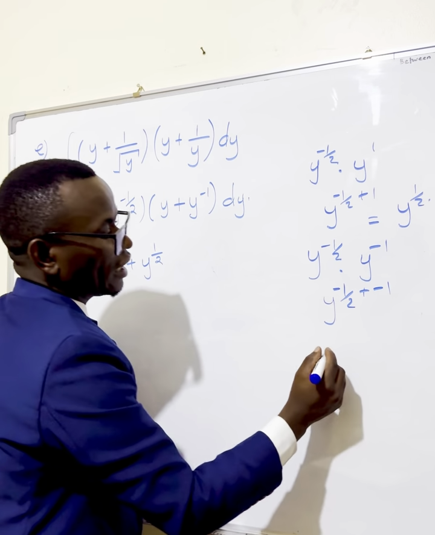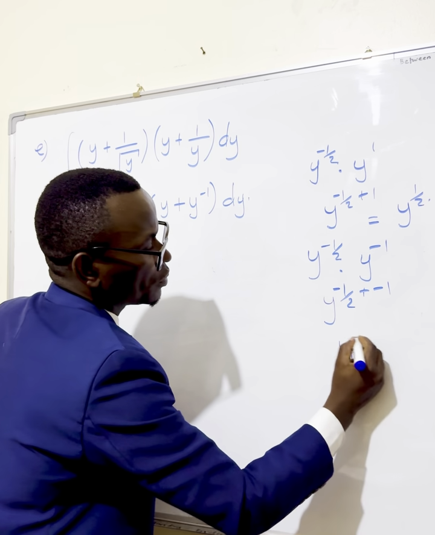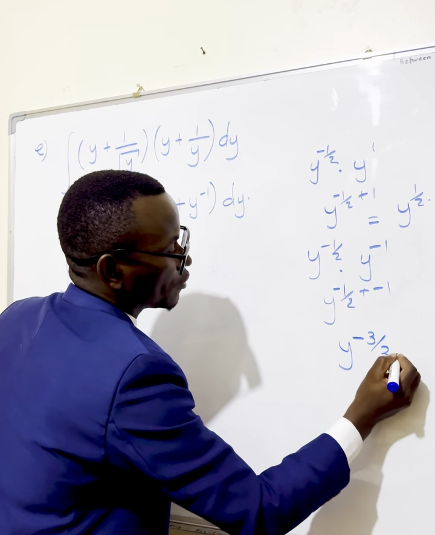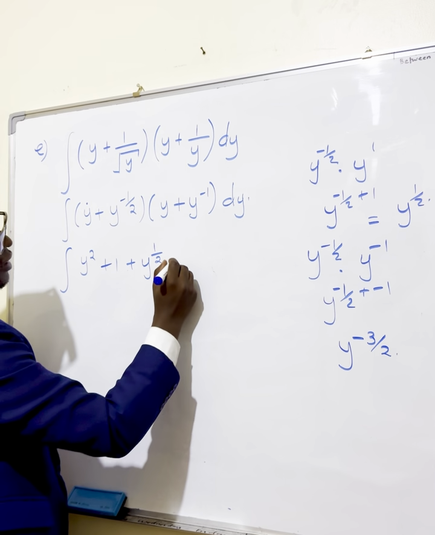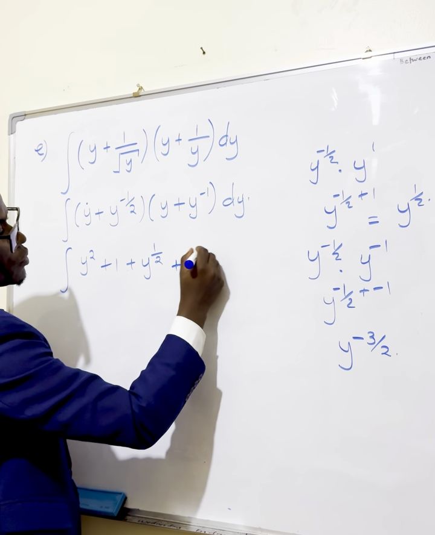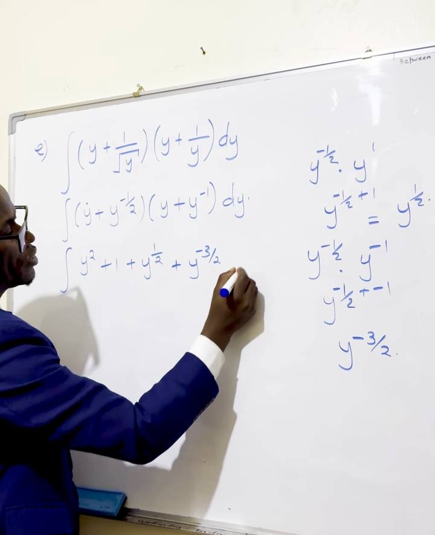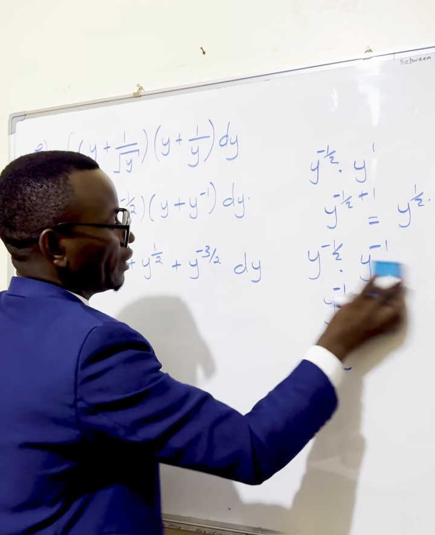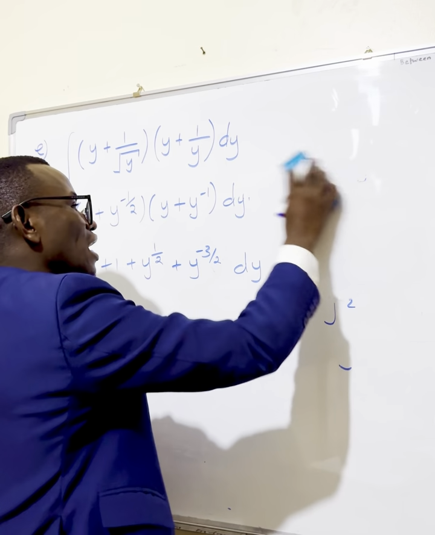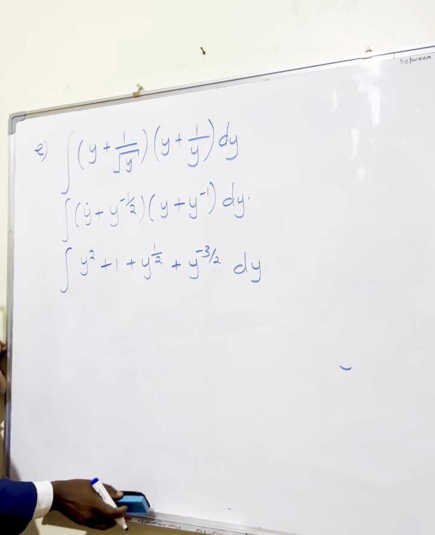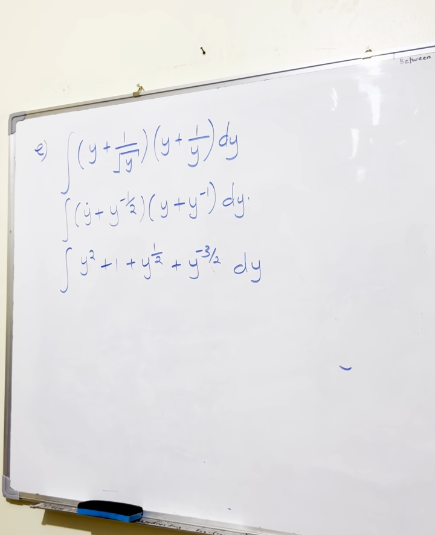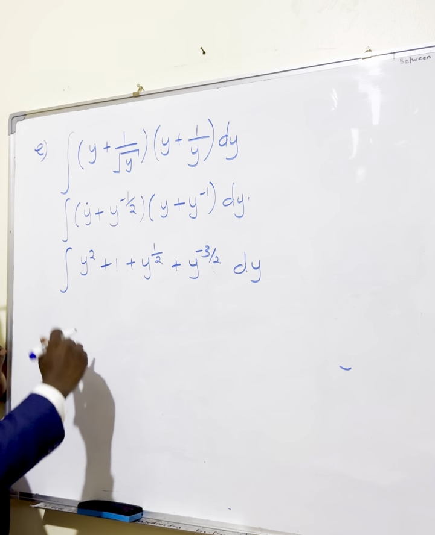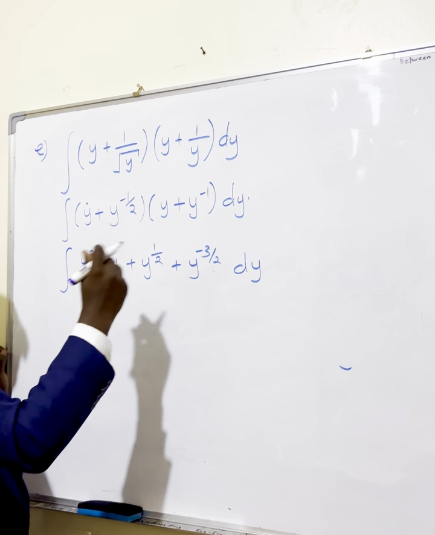The moment I add, I'm going to get y to power negative 3 out of 2. So that is plus y to power negative 3 out of 2. Don't forget to multiply with dy. Now, after expanding the brackets, we are going to integrate term by term.